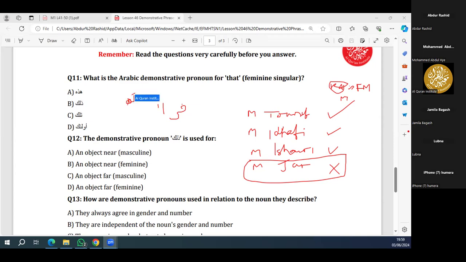Lahu, ma fi as-samawati. Okay, sister, it is what we're saying. Jar majrur came in the beginning with harf jar. This will never be a mubtada.